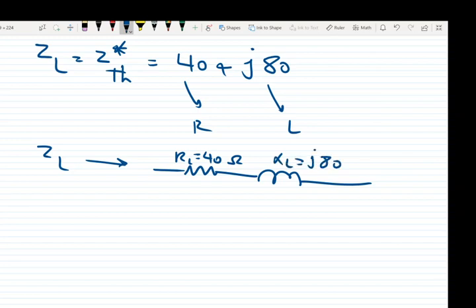So if we want to build this circuit in the lab, we don't have J80 Henry, so we should convert it back to time domain.